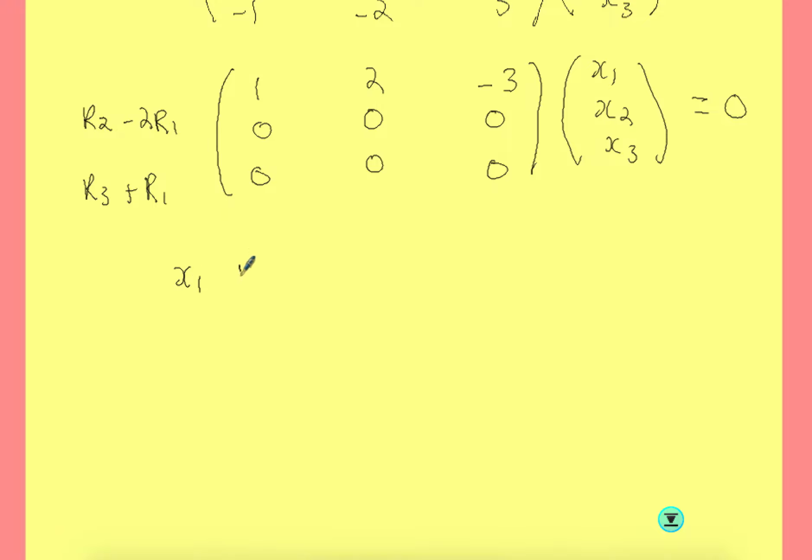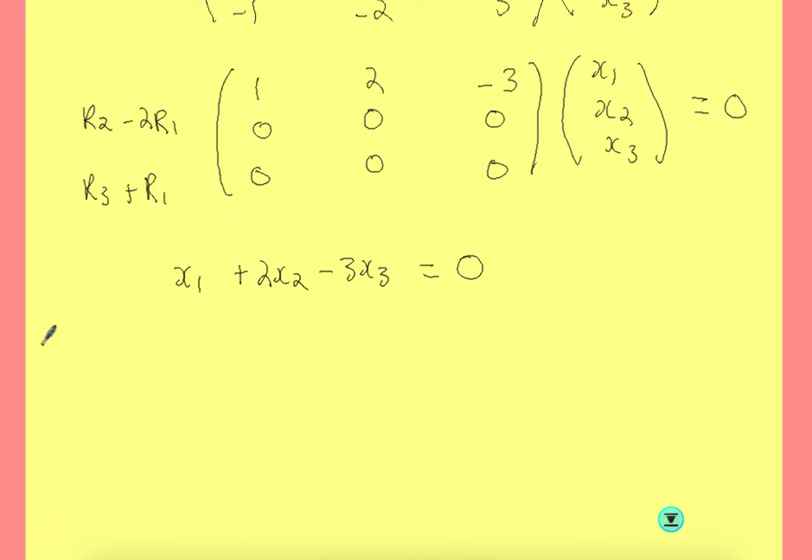x1 plus 2x2 take away 3x3 is equal to 0. Now, this is where you have as much freedom as you want to get your own eigenvectors. There's not a specific correct answer. There's 3 specific answers you can get from here. You've just got to decide, I'm going to choose one of the variables to be 0 and then work out the eigenvector, and then choose another variable to be 0.